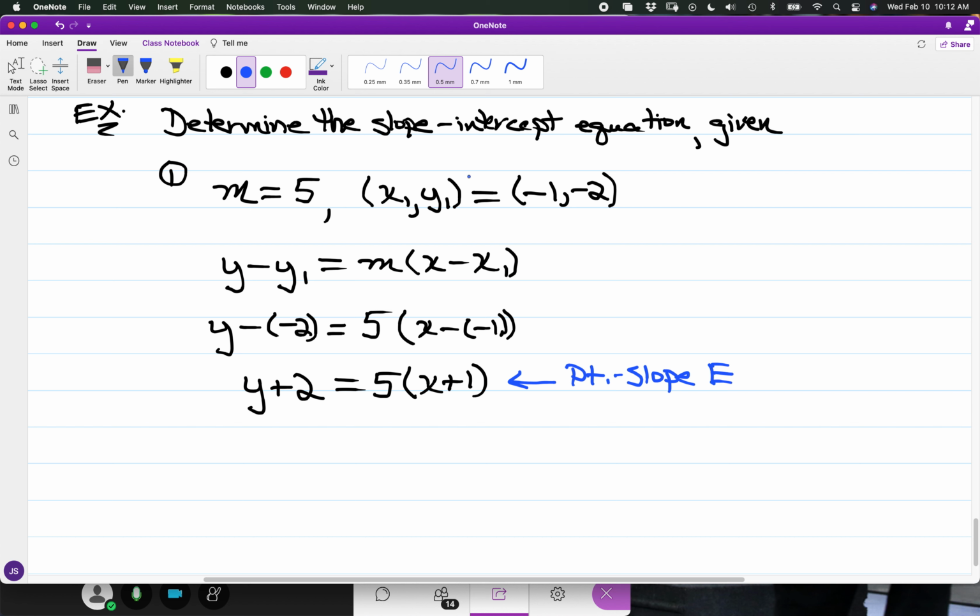Again, I'm looking for the slope-intercept equation. Now the point-slope equation is going to be the backdrop to determining the slope-intercept equation.